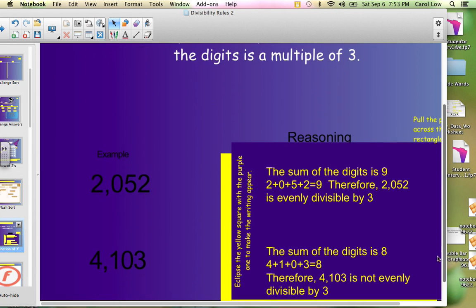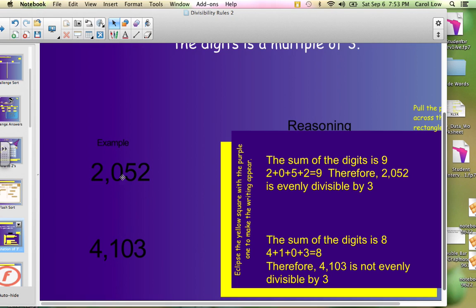But if you add up these digits, we have 2, 0, 5, 2. 2 plus 0 is 2, plus 5 is 7, plus 2 is 9. And therefore, since 9 can be divided by 3, this whole number is divisible by 3. This one: 4 plus 1 is 5, plus 0 is 5, plus 3 is 8. 8 is not divisible by 3.